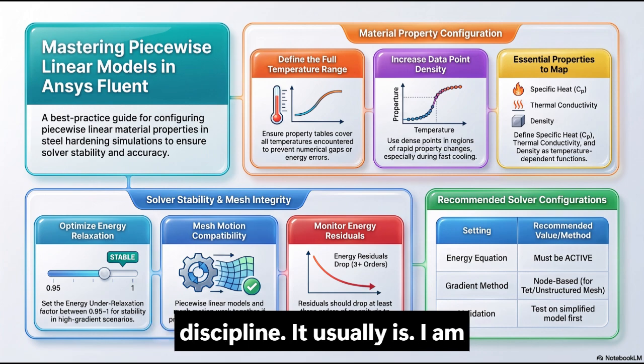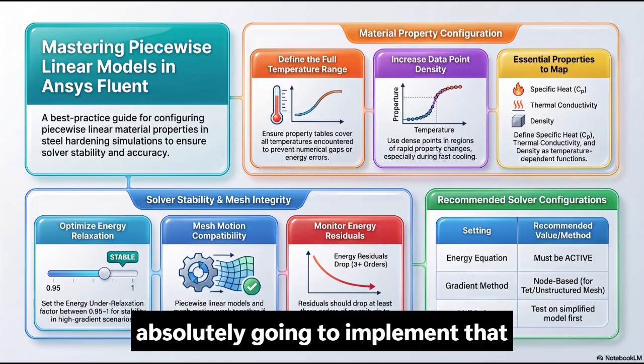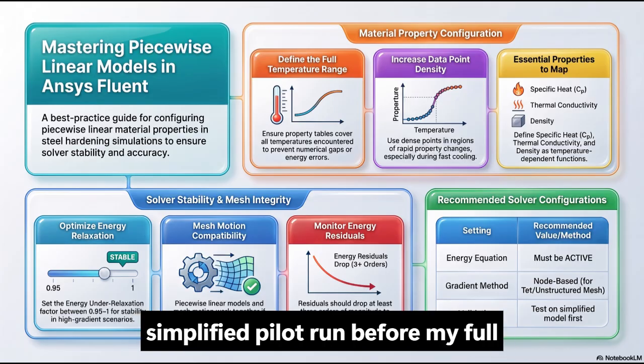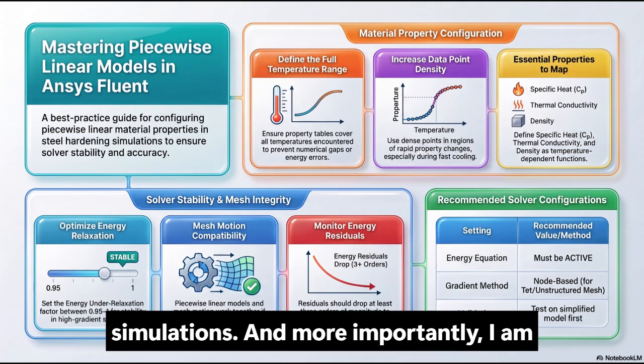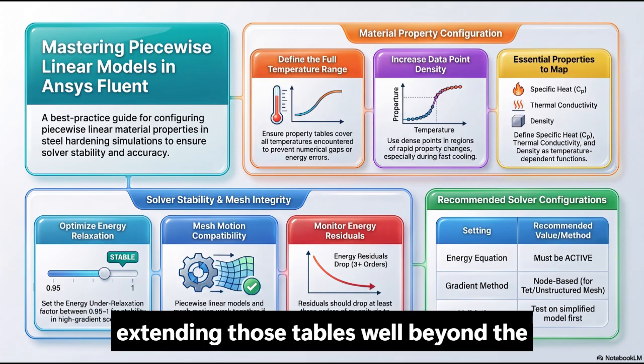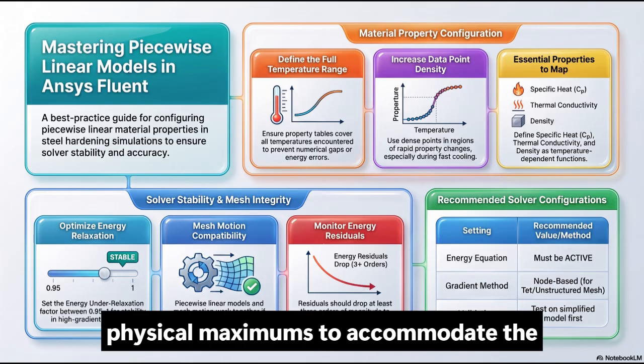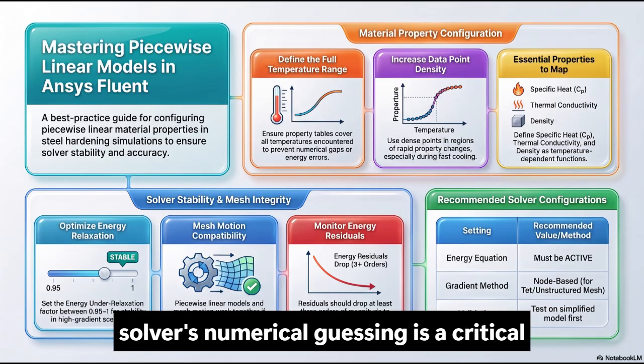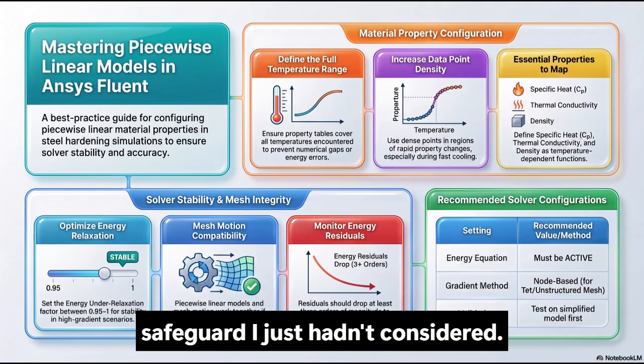It usually is. I am absolutely going to implement that simplified pilot run before my full simulations. And more importantly, I am going back to my material databases, extending those tables well beyond the physical maximums to accommodate the solver's numerical guessing is a critical safeguard I just hadn't considered.